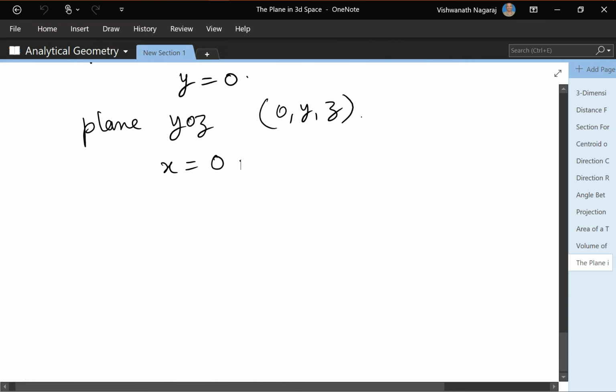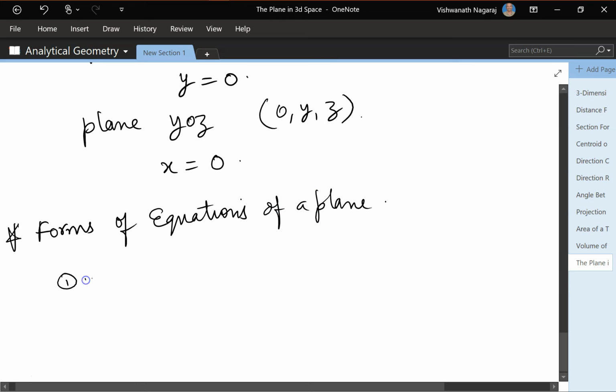Now remember, we just looked at the fact that 3 independent characteristics are required for a plane. So that means the equation of a plane can be written in different forms. So, forms of equations of a plane. I'll just name them, and then later we'll look at each one of them in detail. Equation of a plane passing through 3 given points.